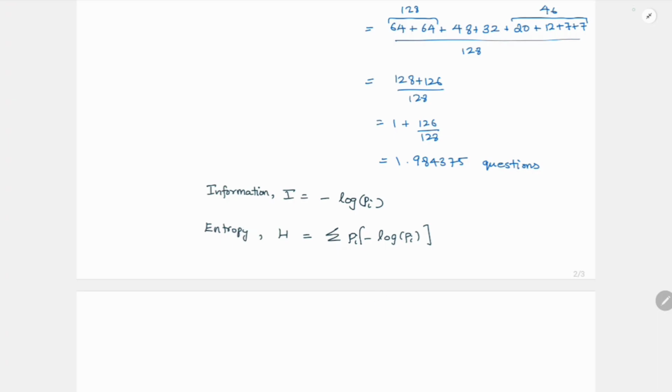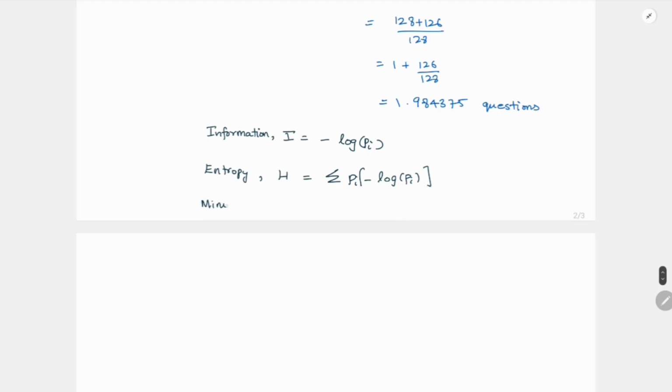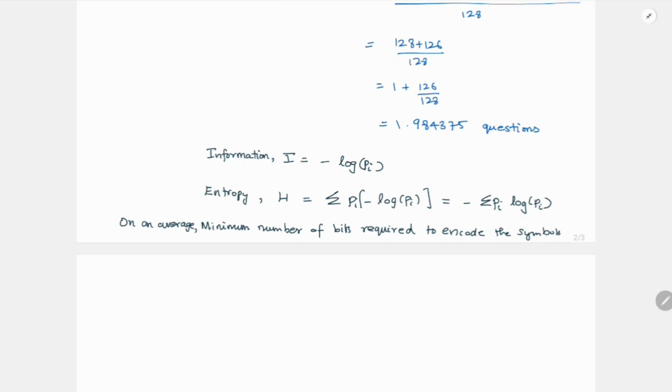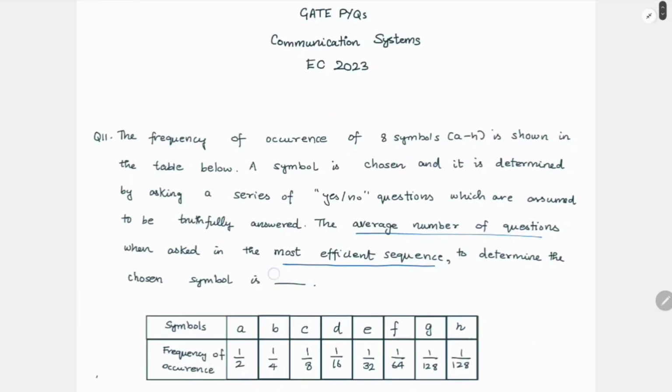Entropy gives you the minimum number of bits required to encode the symbols on an average. So that is what they have also asked in this question. So instead of finding it this way, if you had known information theory, you could have directly used this formula and arrived at this answer. So the answer to this question is 1.98.